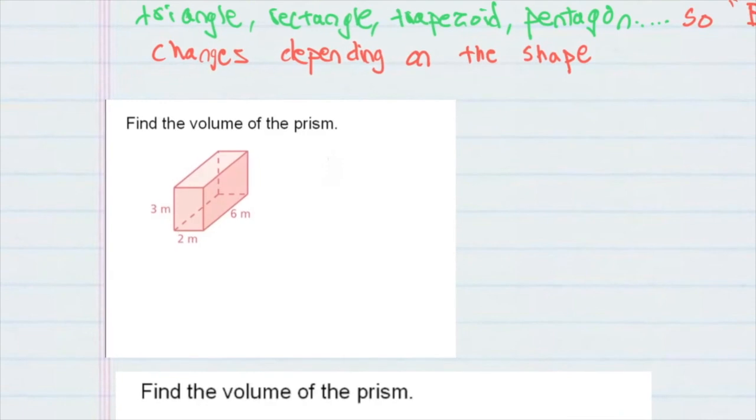Let's look at this first one. We know that the volume is equal to the area of the base times the height, and I'm given all the information I need. The base, which is a rectangle, is length times width.